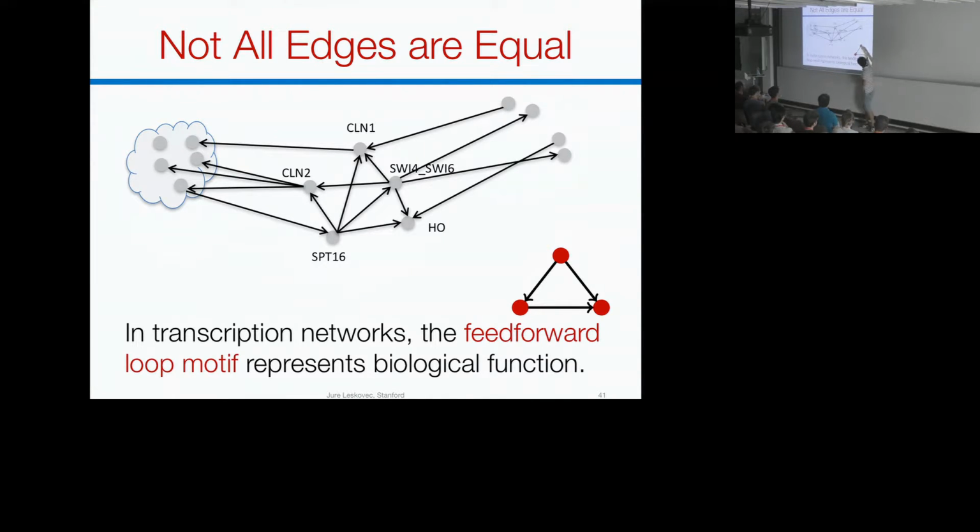This is called a feedforward loop because you can go here or you can take the longer path. It turns out that these types of motifs are very important because they tell you how information or signals are processed in these networks, where you can go directly or there's a common intermediate.